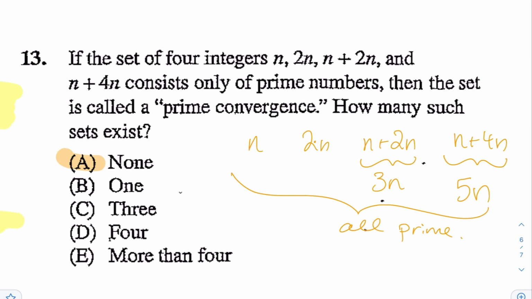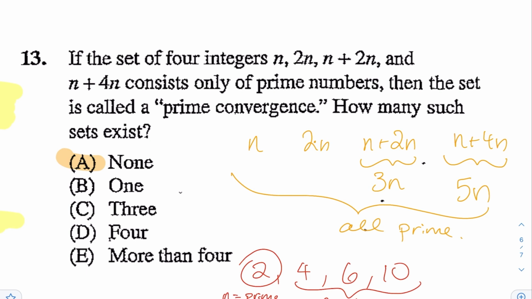So here, if you test any number for n that is prime, let's say n equals 2, our smallest prime number, then you'll get 2, 4, 6, and 10. If n is prime, then everything after that can't be prime because it'll be a multiple of n.